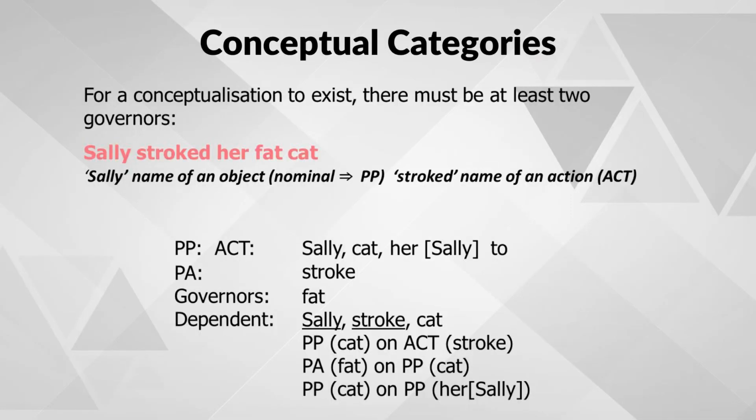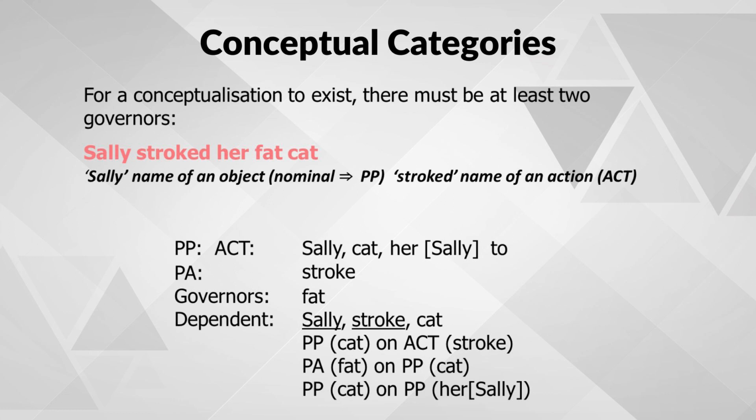This interplay of dependencies and governance underpins the structure and interpretation of sentences, reflecting the intricate dynamics of language understanding and communication. To form a meaningful concept, there must be a minimum of two key elements called governors.